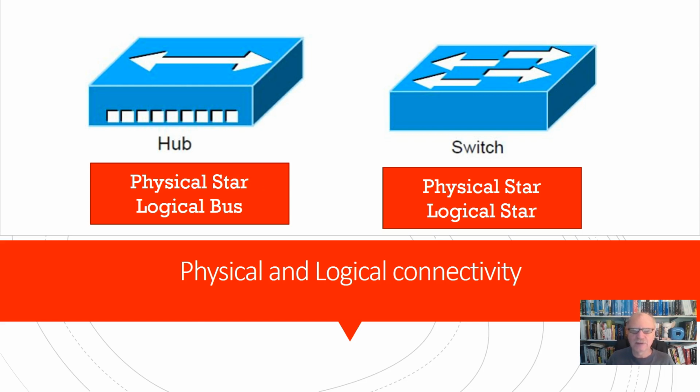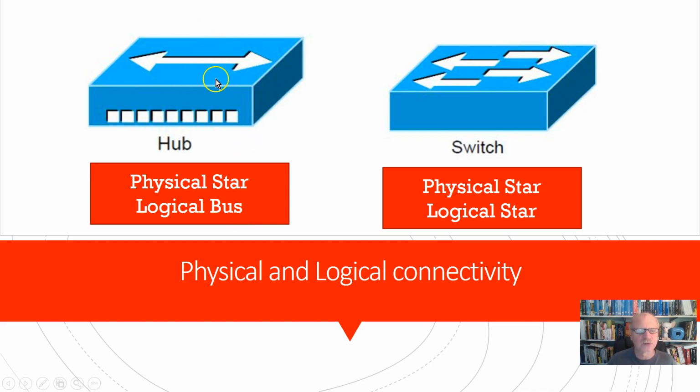However, logically, and when we say physical and logical, what we mean here is physically is how it's actually connected, the layout of the connections, how the wires are laid out. Logical means how the data moves through those wires. So logically, a hub creates like a bus. Remember, the bus also gave us a problem with collisions because all the wires are tied together. Well, a hub is like that.